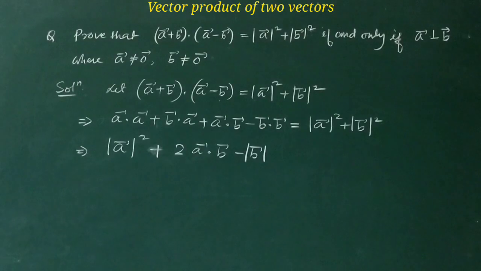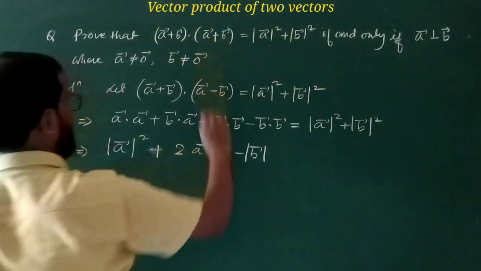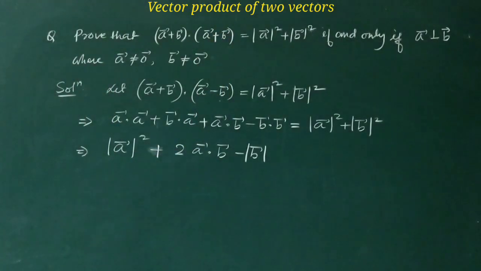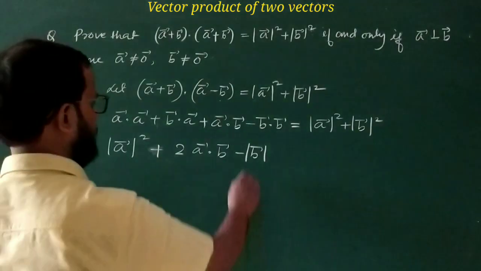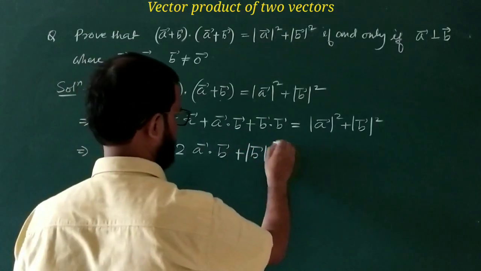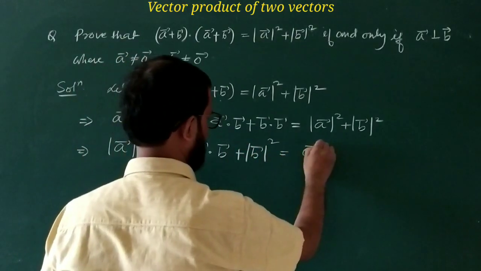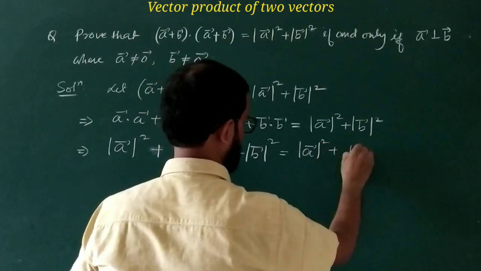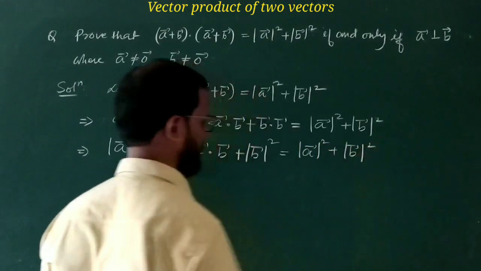No, I'm sorry, here plus hoga. This is also plus. Okay, this is plus, I think. Yes, it is plus. So it will be plus, this is plus, this is plus. Okay. And which equal to magnitude of B whole square is equal to magnitude of A whole square plus magnitude of B whole square. Okay.